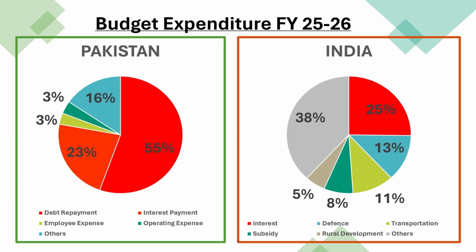Pakistan spends 55% of its budget just on paying down old debt. You can imagine what a debt spiral they are in: they're taking on debt to pay off old debt. And not only that, 23% of the budget is spent on the interest payments of that debt.